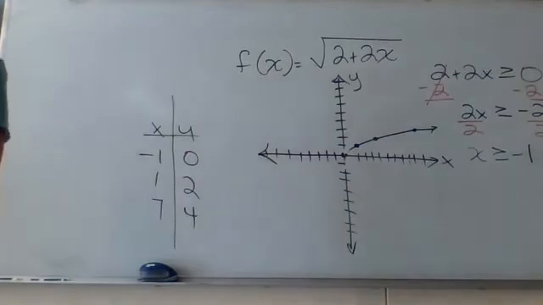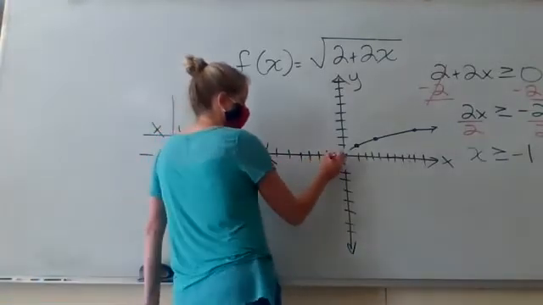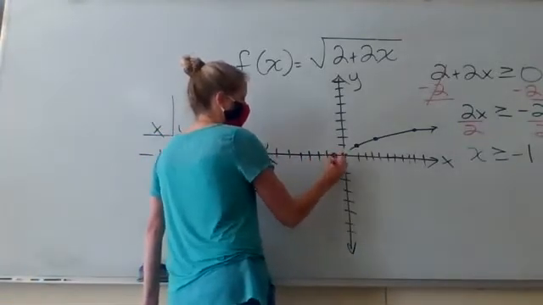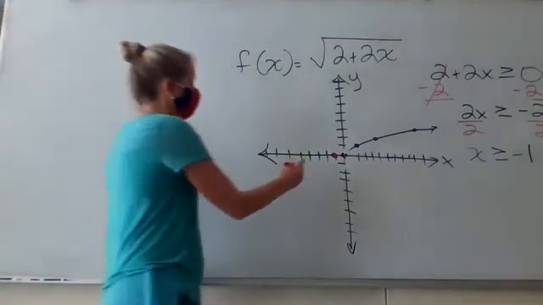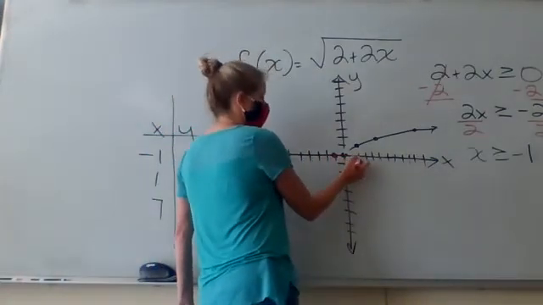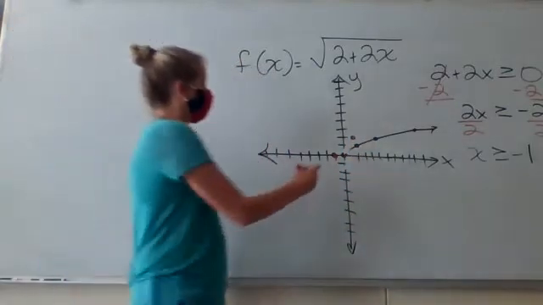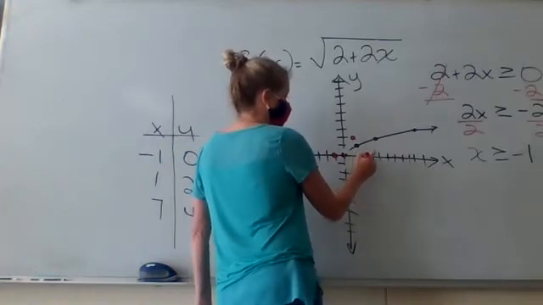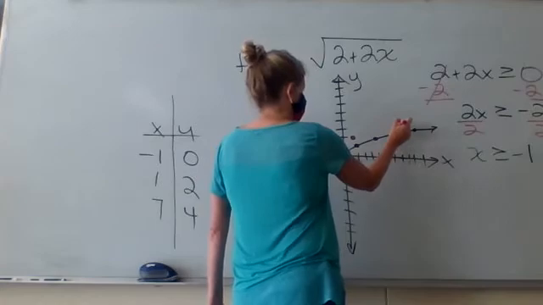So let's plot those three to see where this goes. So it starts at negative 1, 0, where my x is negative 1. There's another point at 1, 2, so to the right 1 and up 2. And then there's another point at 7, 4, so to the right 7, 1, 2, 3, 4, 5, 6, 7, and up 1, 2, 3, 4.